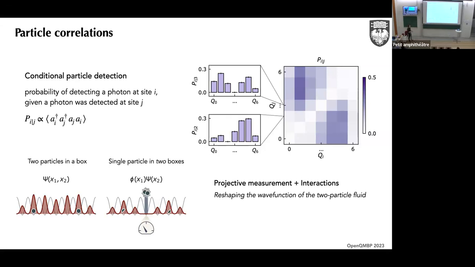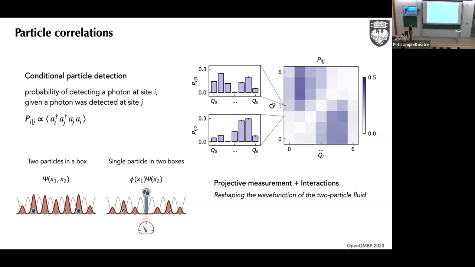You start with two particles in a box fluid, and when I perform this strong measurement, it projects the many-body wave function, which pins this photon to this lattice site. Now the second photon can't be there, so this acts as a potential barrier, and you go from two particles in a box to a single particle deconfined in two boxes. So you can see that these projective measurements and interactions are shaping the wave function of this two-particle fluid.